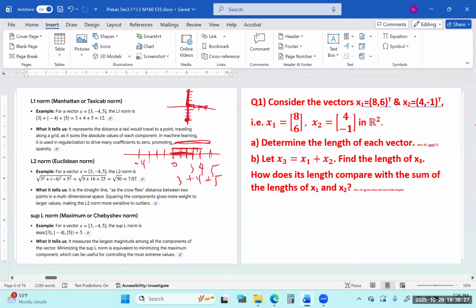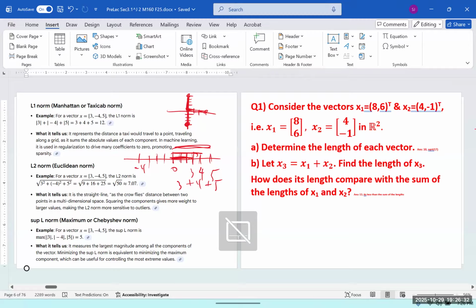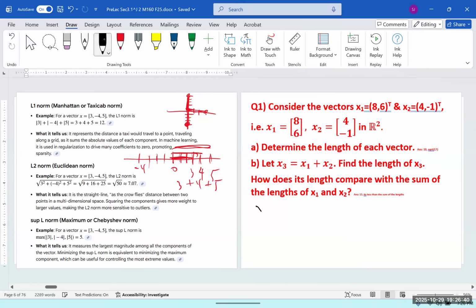So let's do this together. And we are in R2, so we are going to find L2. So X1 is 8, 6.